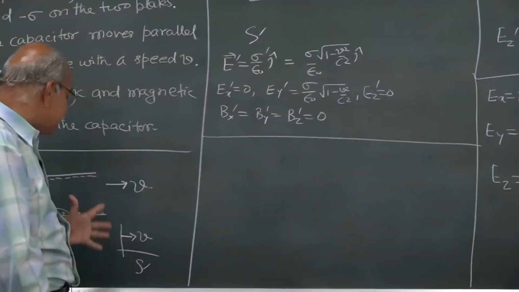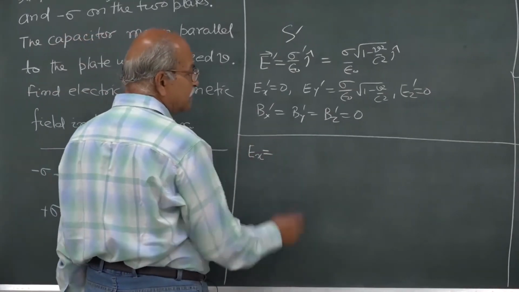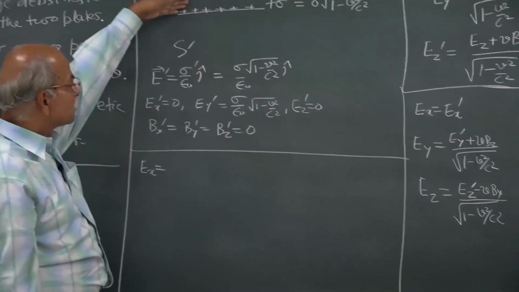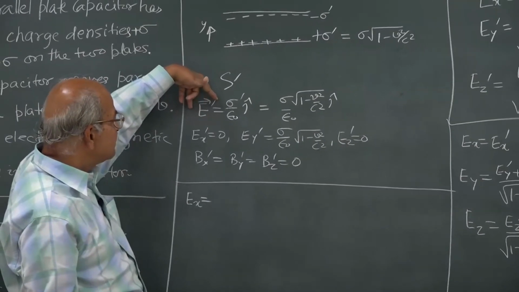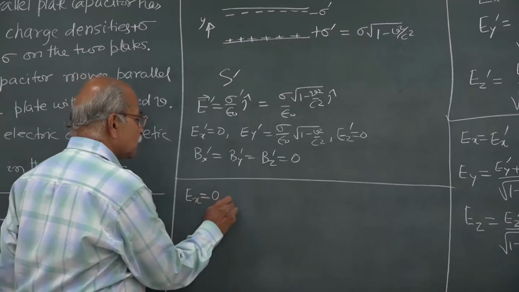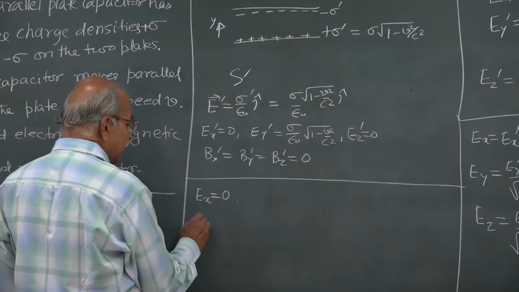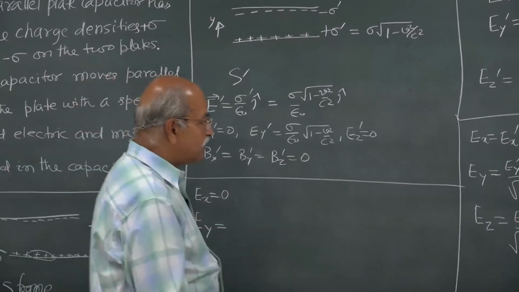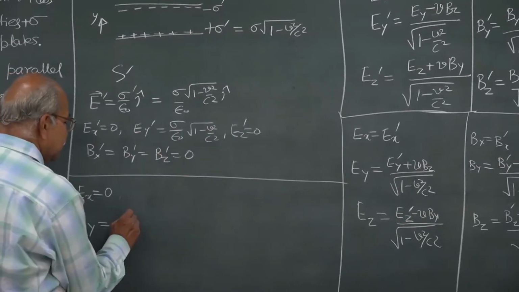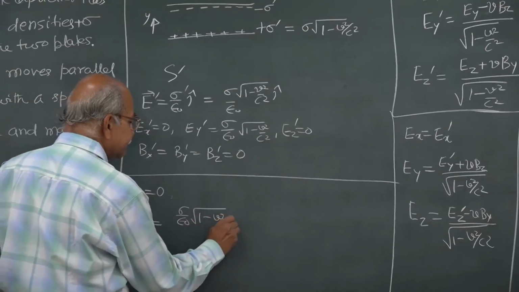Now, I am going back to the S frame and writing the components. Ex is the same as Ex prime, and Ex prime here is 0 because the electric field is in this direction. So, Ex prime is 0, Ex is also 0. Then Ey. Ey is Ey prime. So what is Ey prime? Ey prime is sigma over epsilon naught square root 1 minus v square by c square.